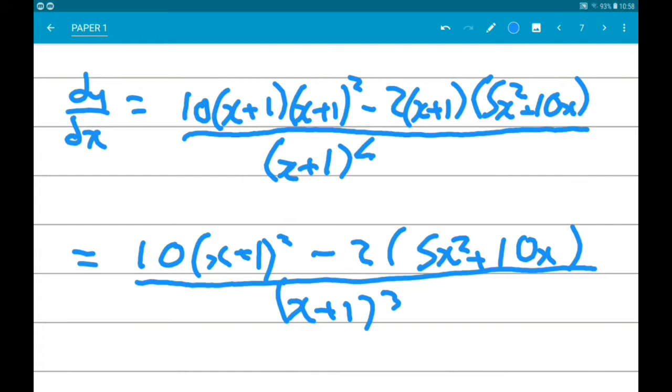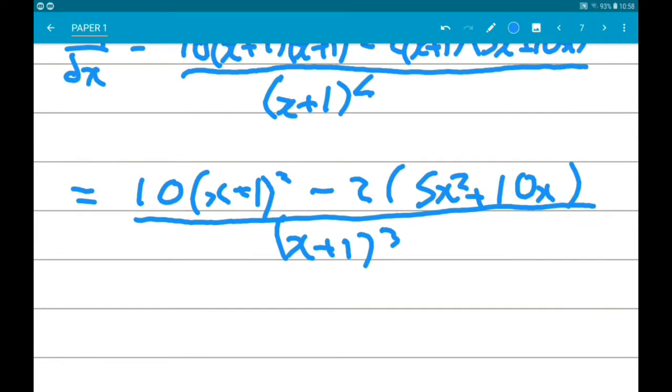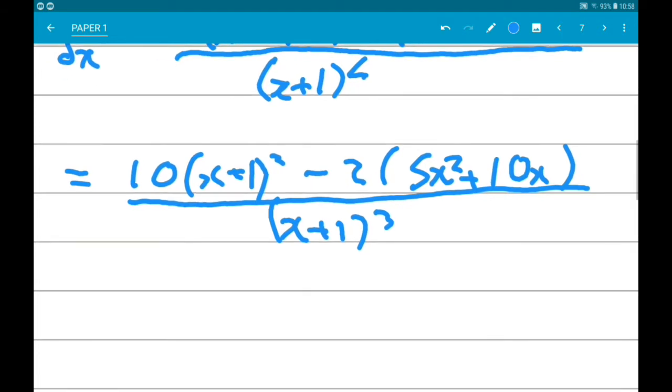Okay, now let's expand the top. So x add 1 squared is x squared add 2x add 1. So 10 times it is 10x squared add 20x add 10.